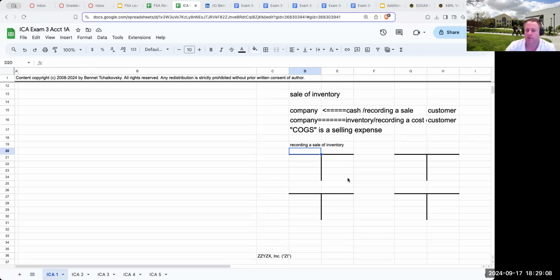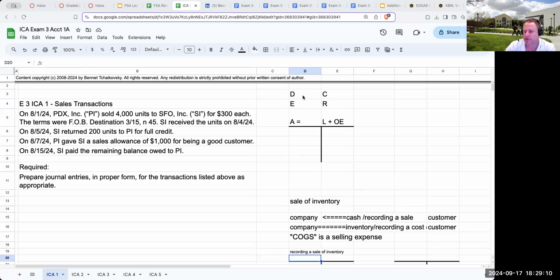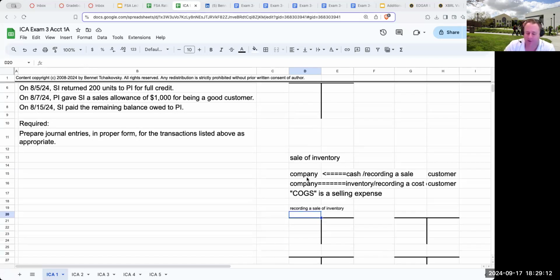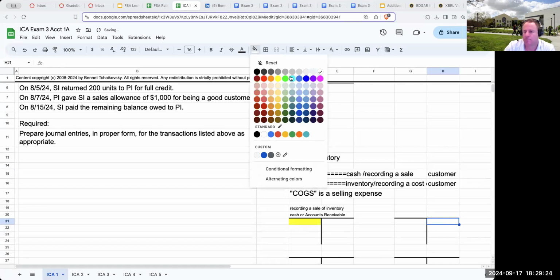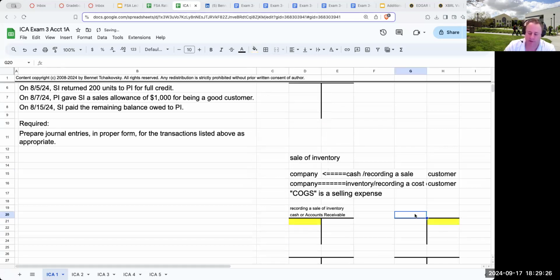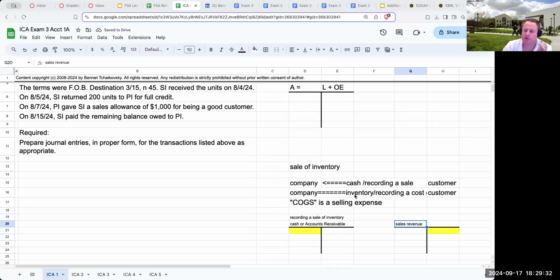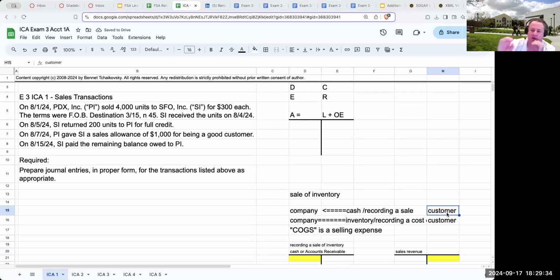How do I record the sale? If I'm selling something for cash or on account, I record cash or accounts receivable as a debit, and I record sales with revenue. So this is going to be my sales revenue. I'm recording the sale, which means the customer gives me money or says they're going to pay me later.